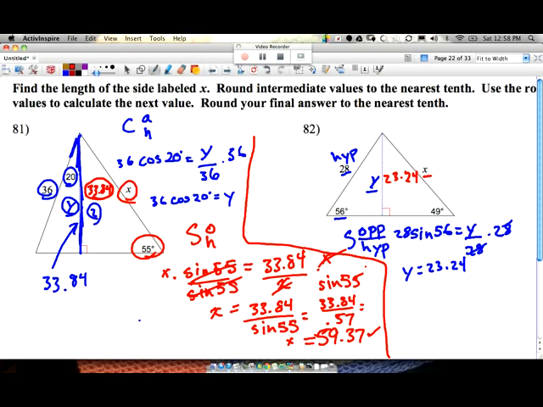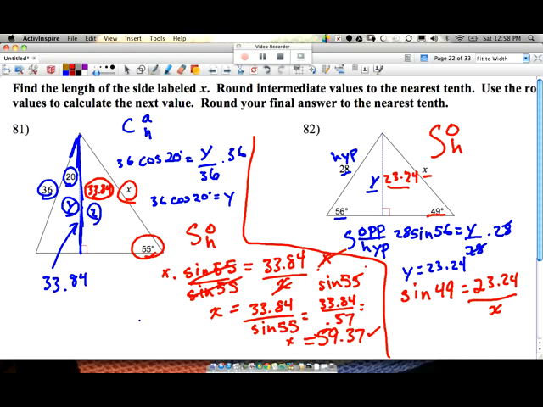Now that's cool because now we can reuse 23.24 on the red group here with the x and the 49 degrees. Again, we have an opposite, the 23.24, an x for the hypotenuse, and this time 49 for the degrees. That tells me that sine, because we have the same relationship, the opposite and the hypotenuse, goes with sine. So sine 49 degrees equals the opposite, in this case 23.24 over x.